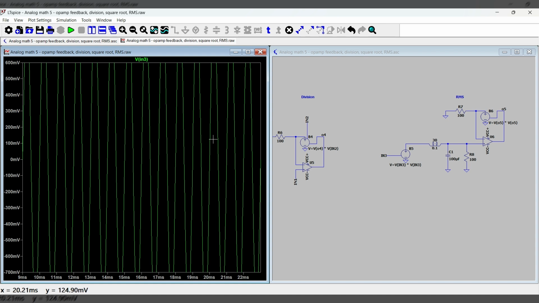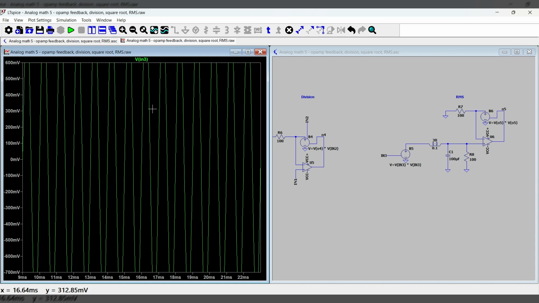But if it's a square wave or some other random signal, then your filter needs to be targeting a very low cutoff frequency and also have a very high quality factor. So you need to pick these components for that. And then it goes into a square root circuit that we showed before to get back the RMS voltage.